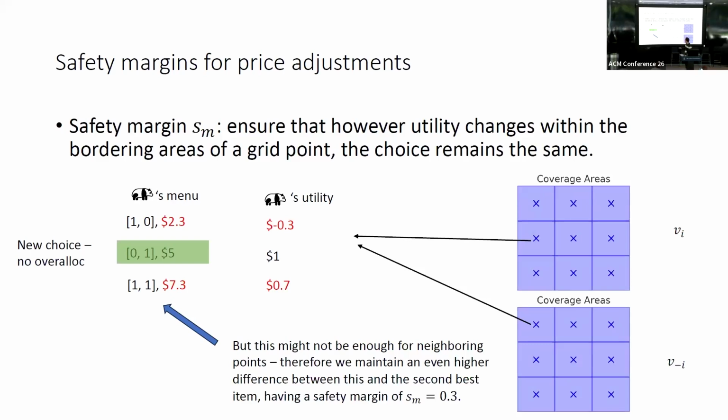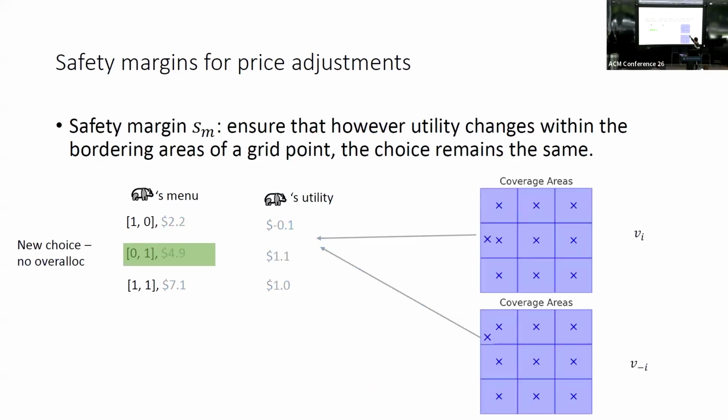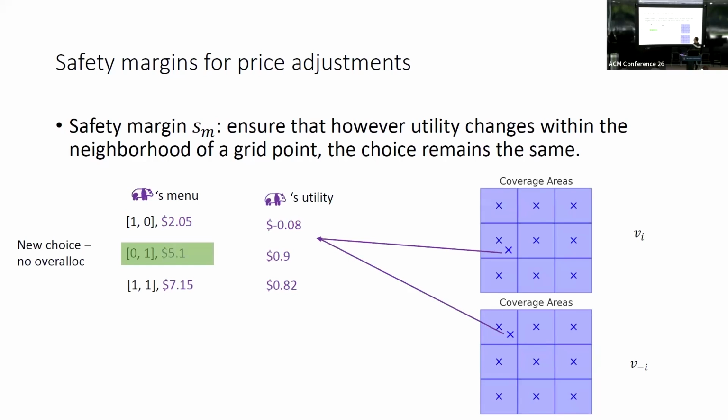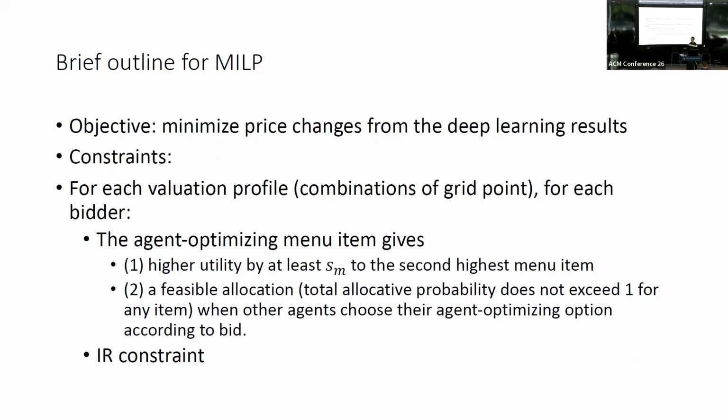This safety margin of 0.3 here is structured such that, let's just assume we only have 2 agents right now, however these 2 points change around the grid point, we always have this feasible element on top. And this is how we guarantee feasibility. And through the menu-based representation, we also have strategy proofness as well. And this is a fully specified mechanism.